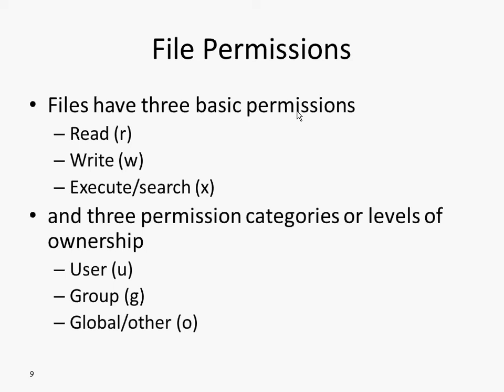Each of those bits stands for something: whether you can read it, whether you can write it, and whether you can execute it. I'm not going to require you to memorize all that, but you should realize that that's pretty common.